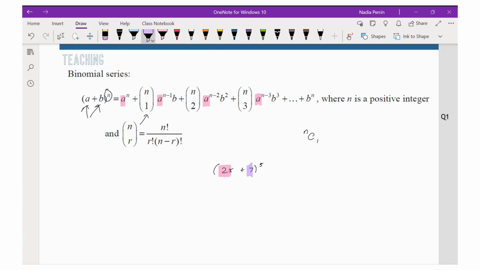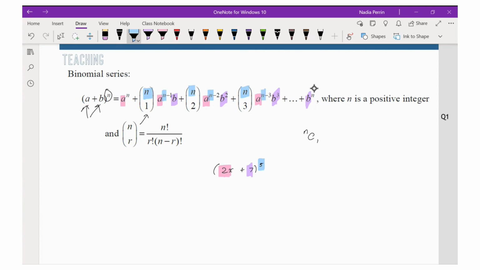And the 7 would be b, so that would start occurring here. You can see it's going up by one more each time. And the n is the 5, and that would go here, and also in these little bits here. Okay, so you're really just substituting into a formula.